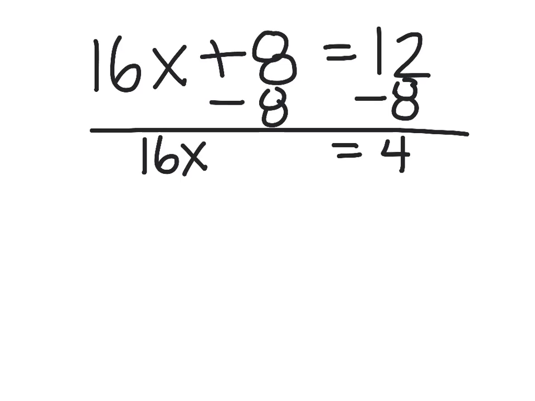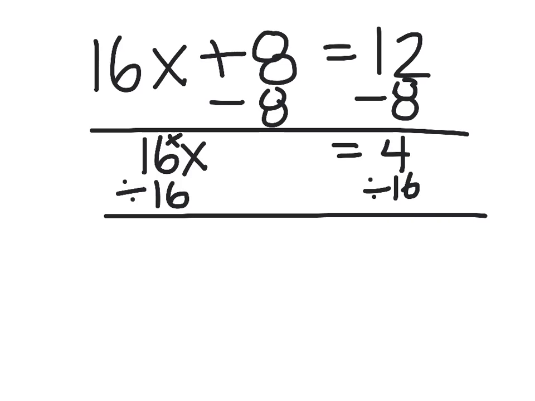Well, I know the 16 right next to the x is really saying 16 times x. So if I have times, opposite of that is divide. So I will divide by 16. Okay, 16 divided by 16, 1 times x equals, now this is where I see a lot of mistakes.